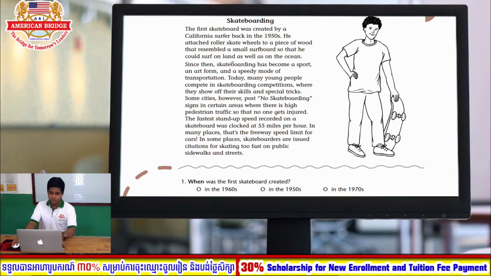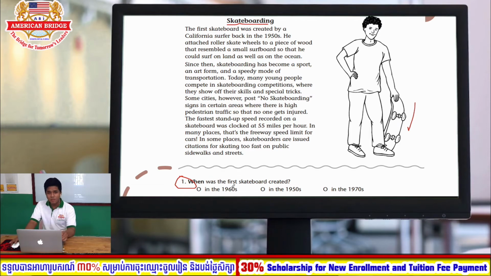Another way. So remember, first of all, we need to read the question right here. So when was the first skateboard created? Okay, so this reading passage, they talk about the skateboard because as you can see, we have the illustration of the boy holding the skateboard. The title is also the skateboard. And then the first question they ask is the time, when was the first skateboard created?